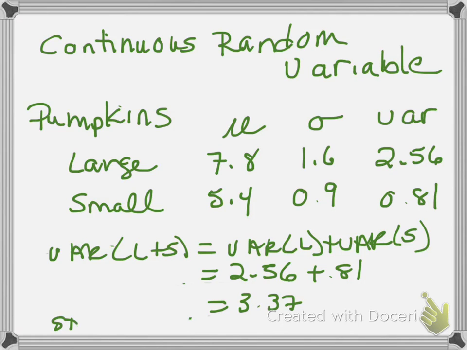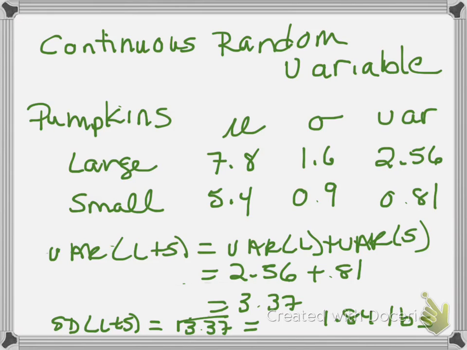So the standard deviation of a large plus a small is equal to the square root of 3.37. So I take the square root of that number, and I get 1.84, and let's go to pounds again. Remember, standard deviation and mean always have units. All right, so do you see how I did that?